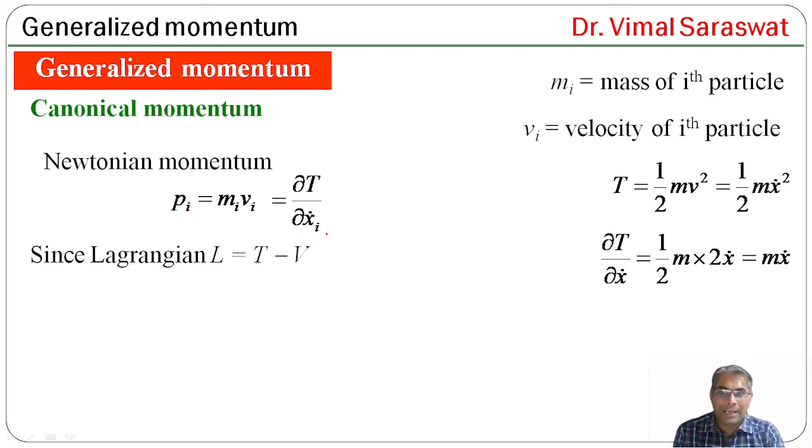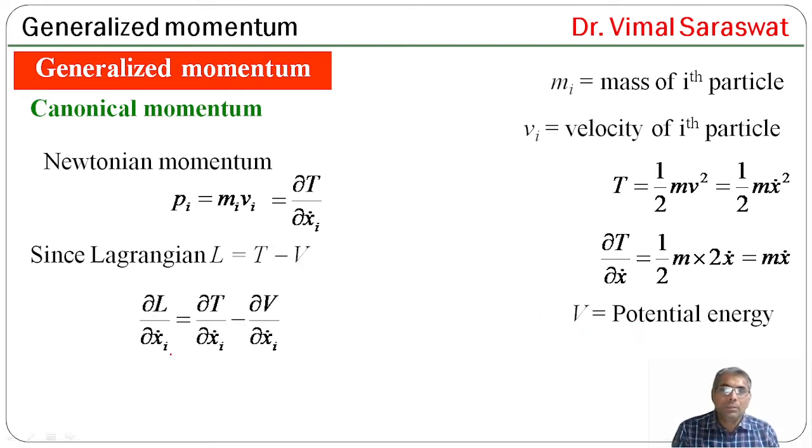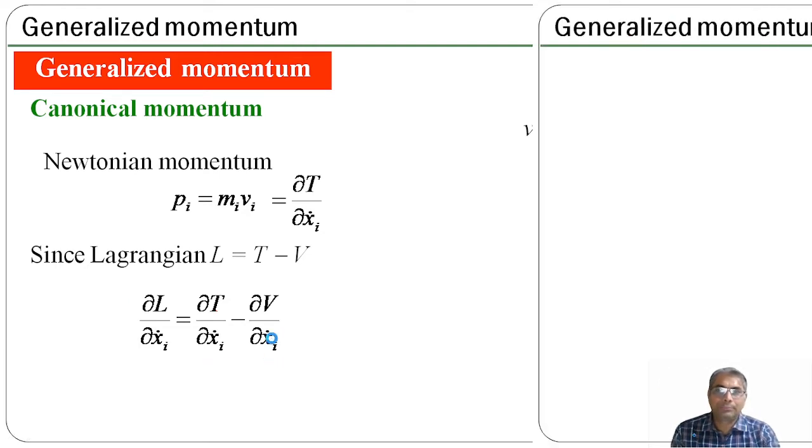Since the Lagrangian of a system is given by L equals T minus V, where T is kinetic energy and V is potential energy. Now if we differentiate this equation with respect to xi dot, then del L upon del xi dot is equal to del T upon del xi dot minus del V upon del xi dot.